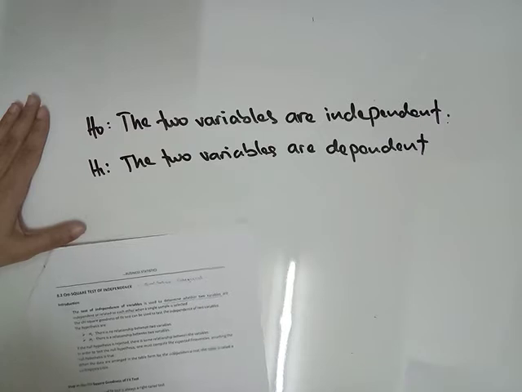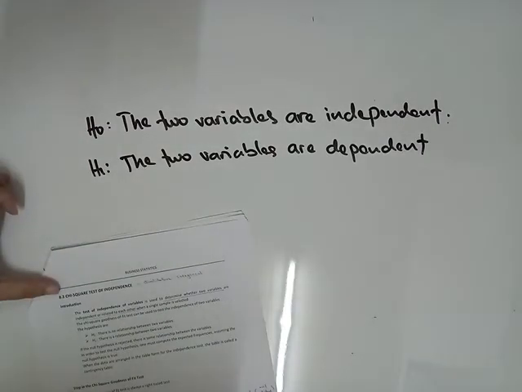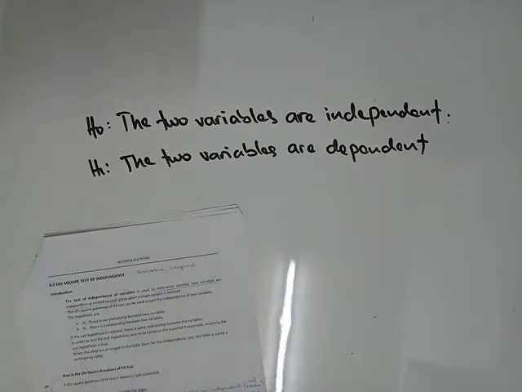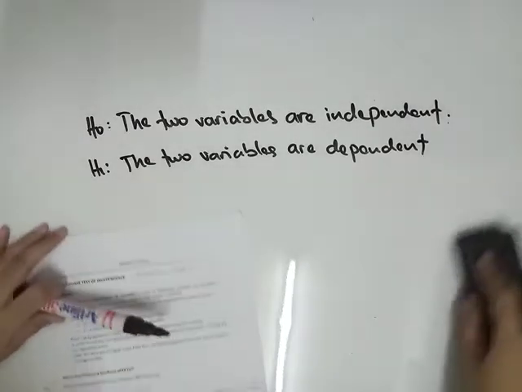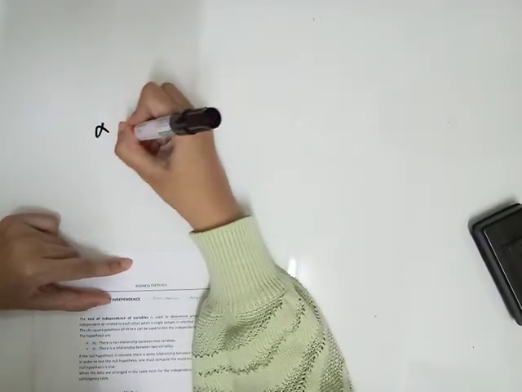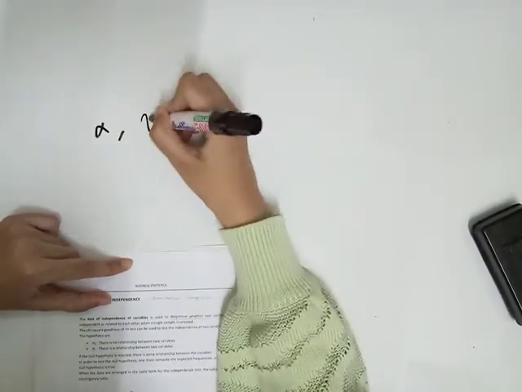The second step is you need to state the level of significance and the critical value. State the alpha and the critical value for chi-square.